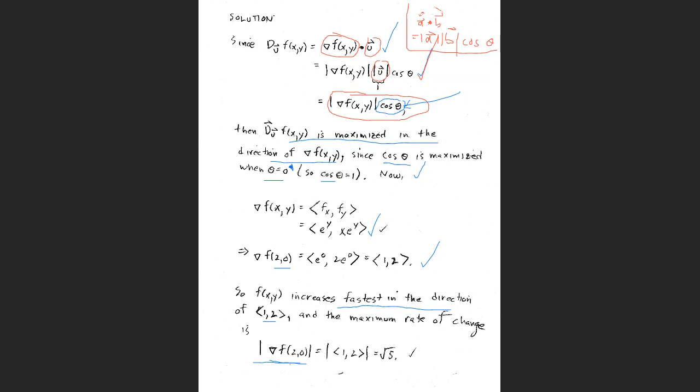So this function, looking in the direction of the vector 1, 2, is the surface rising, or is it going downward?